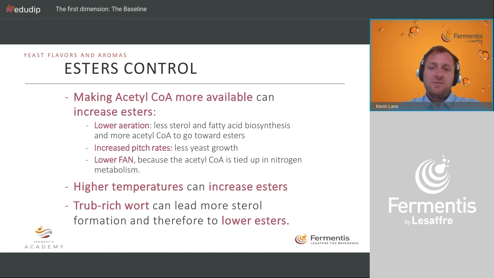Increase the pitching rates, which causes less yeast growth, again allows for more acetyl-CoA. Lower FAN, because the acetyl-CoA is tied up in nitrogen metabolism. So those are ways to increase the acetyl-CoA for ester production. Higher temperatures can increase ester production, and true birch wort can lead to more sterol formation and therefore lower ester production.